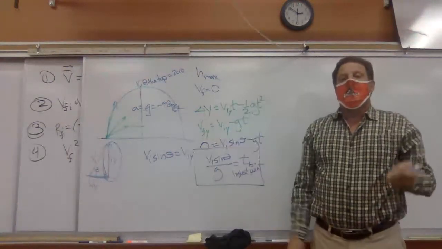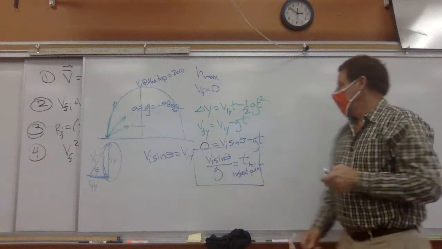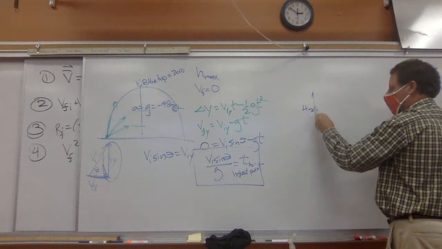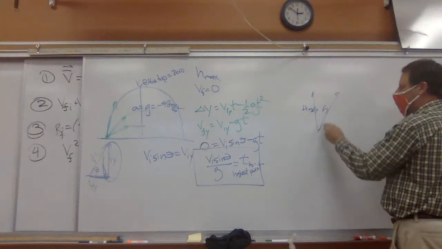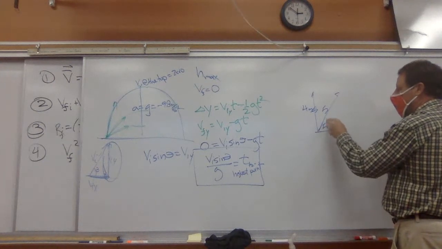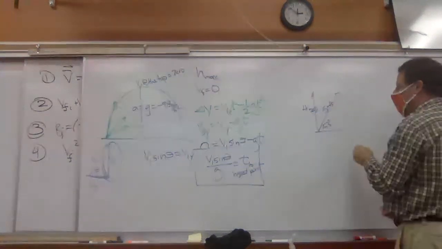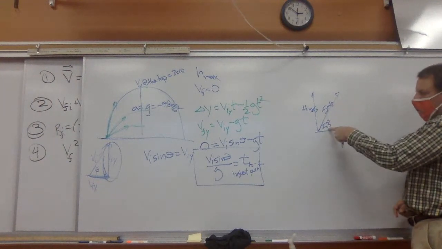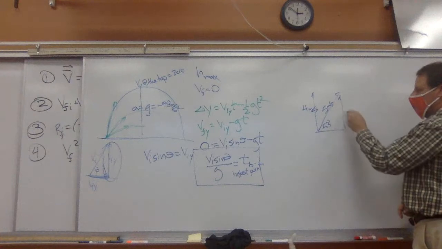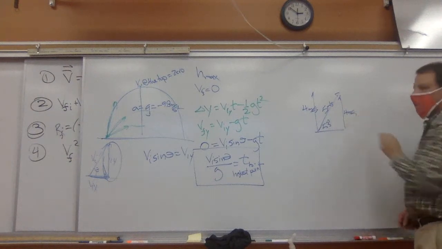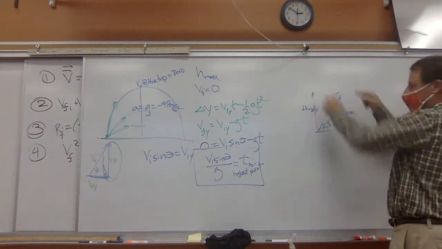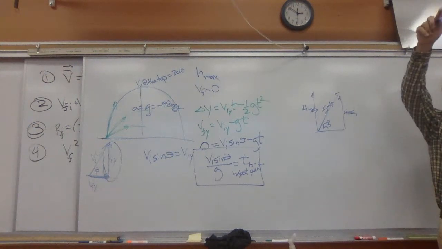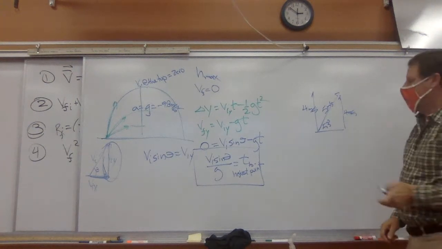Remember, 5 sine 53 is equal to 4 meters per second. So their initial velocities going up are the same, and so they'll be up in the air the same amount of time.